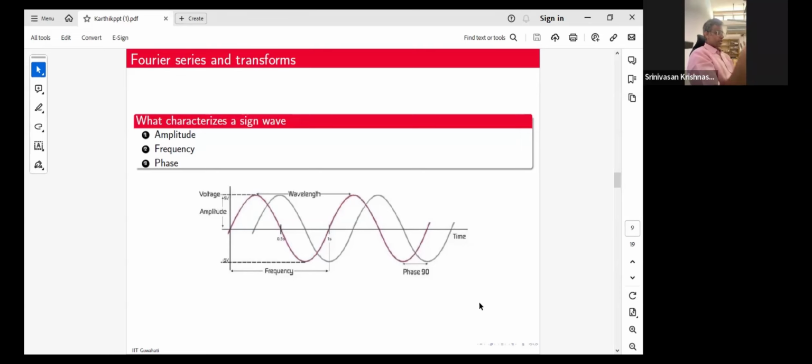I repeat this: suppose I give a sine wave as an input to a linear time invariant system, the output would be a sine wave of the same frequency. So the system does not change the second quality, which is the frequency. The other two characteristics of the sine wave can change at the output.